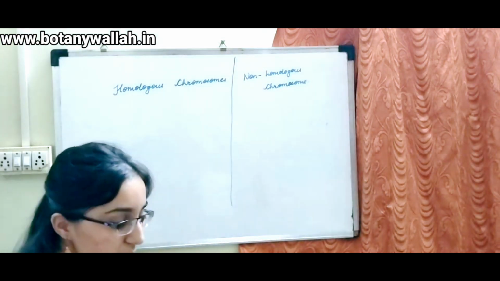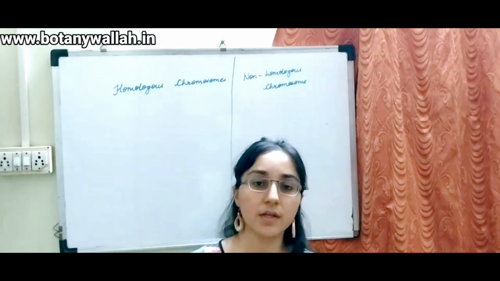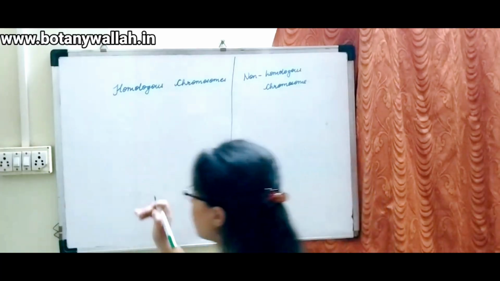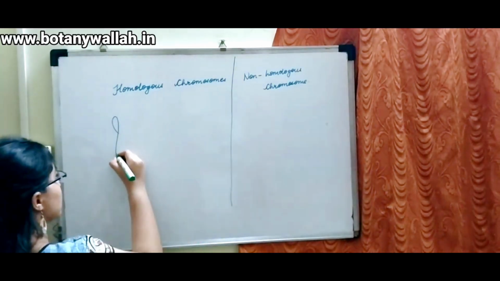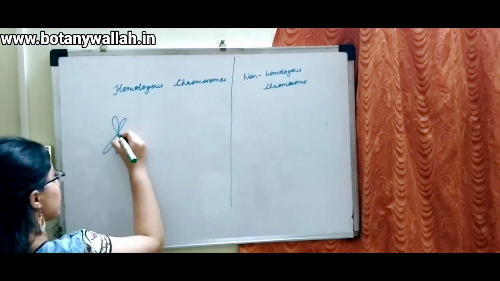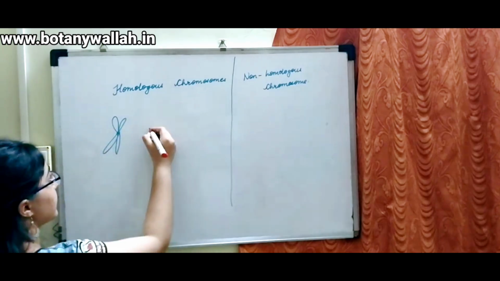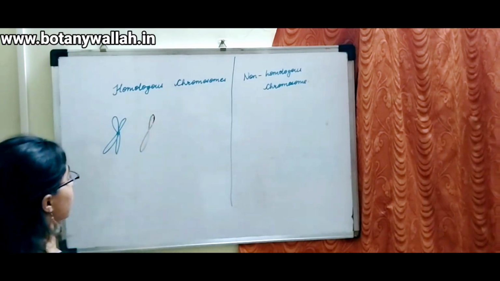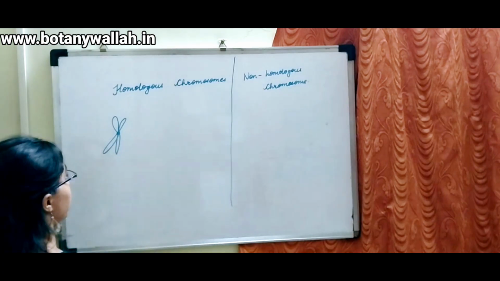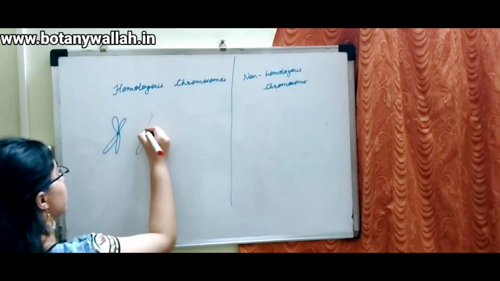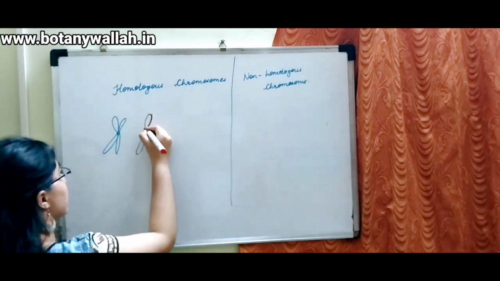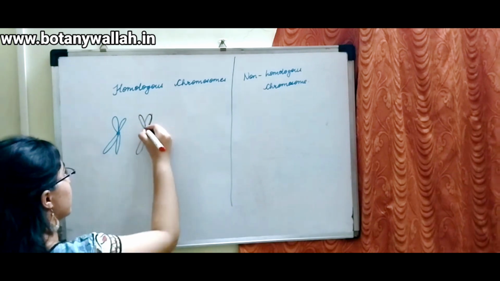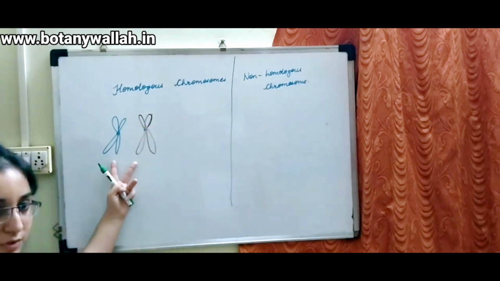So with two chromosomes, this is one chromosome, and this is the second chromosome. So these are two chromosomes.